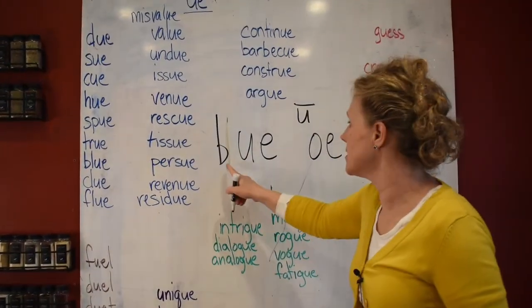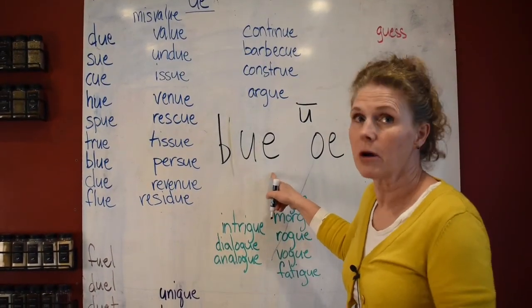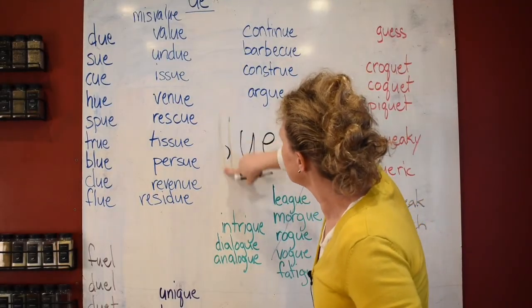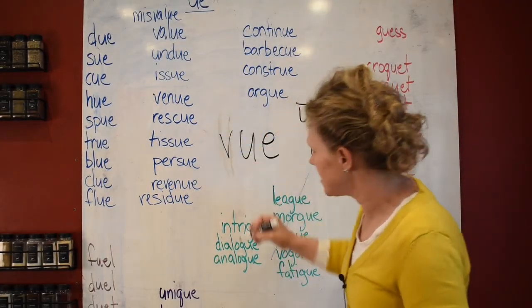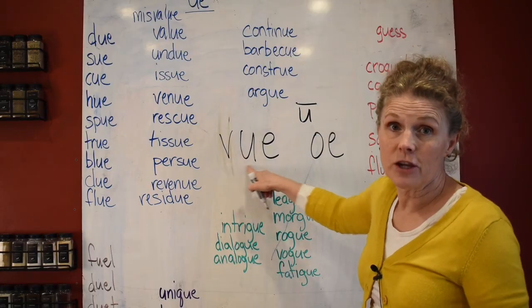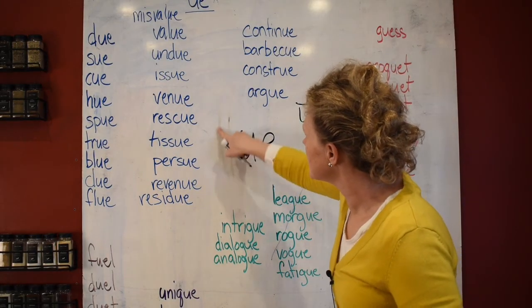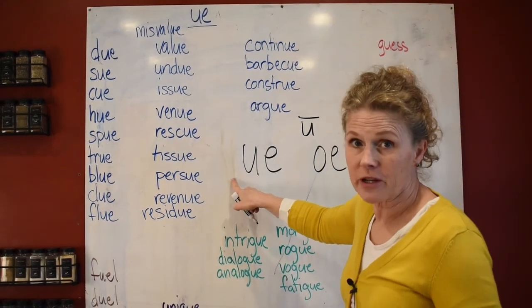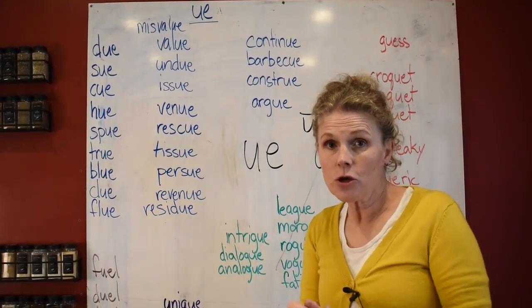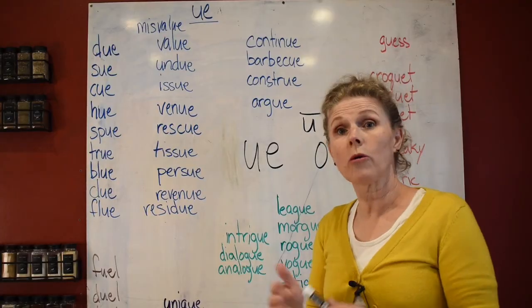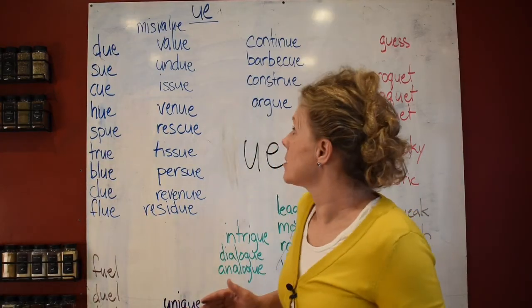B in front of this, it says boo. But if I did that, it would say VU. See how whatever letter is in front of here, it's going to say you or oo. Let's go over some of these words.